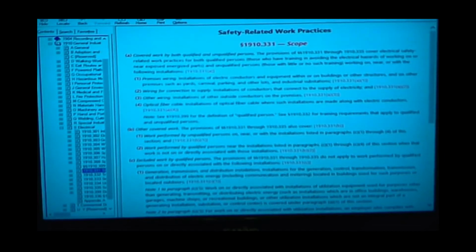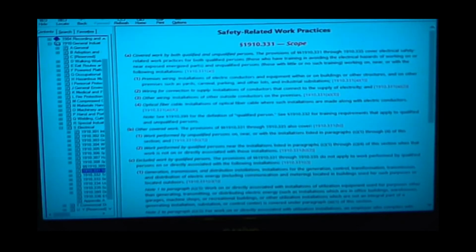The provisions of 1910.331 to 335 cover electrical safety-related work practices for both qualified persons, those who have training in avoiding the electrical hazards of working on or near exposed energized parts, and unqualified persons, those with little or no such training, working on, near, or with the following installations.